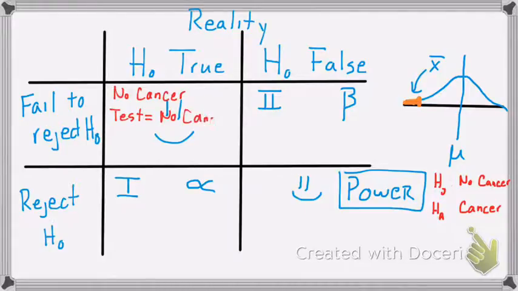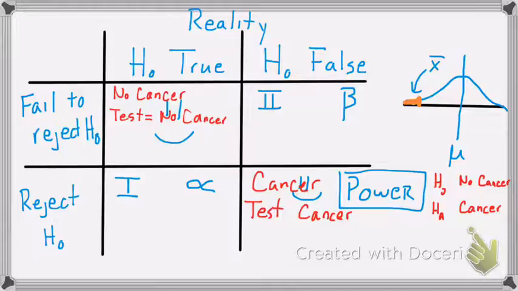In the opposite corner, it's a less happy result, but at least it's an accurate result: if the null hypothesis was false, that means you did have cancer. But the good news is, since I was rejecting my null hypothesis, the test did correctly indicate that I had cancer. So in this case, at least you know you have cancer and you can pursue appropriate treatment options.